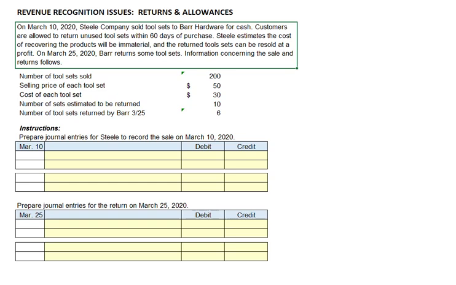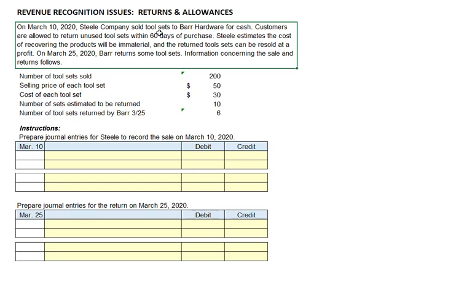Customers are allowed to return unused tools within 60 days of purchase, and Steel estimates that the cost of recovering the products will be immaterial, and the returned tool sets can be resold at a profit. On March 25th, 2020, Bar returned some tool sets, and information concerning the sale and return are given below. We're also going to prepare journal entries for the quarter ending March 31st.